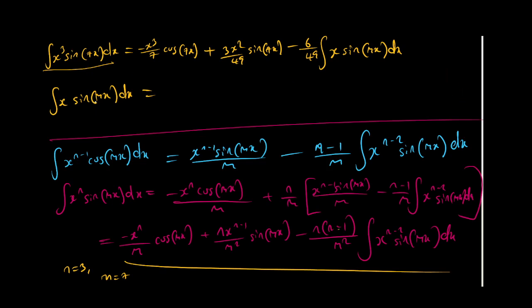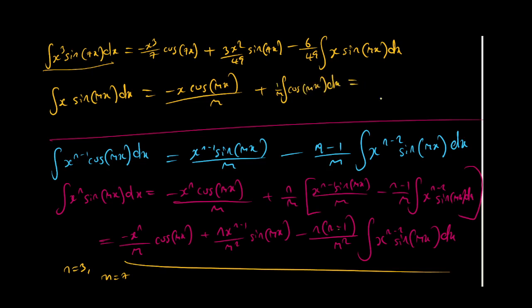So we can do this directly and write this as negative x cos(mx) over m, plus the integral of 1 over m cos(mx) dx.